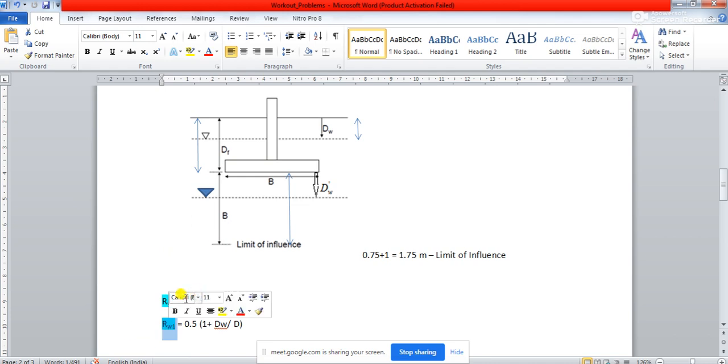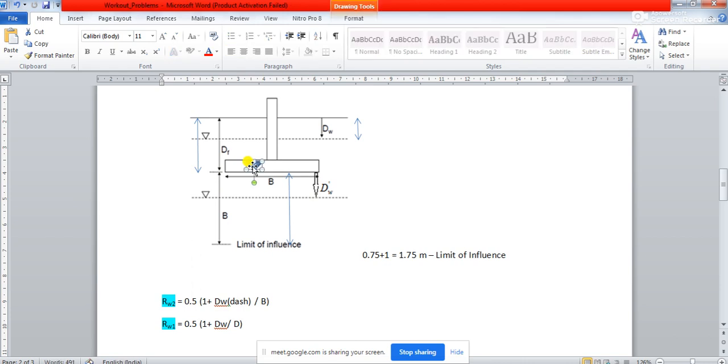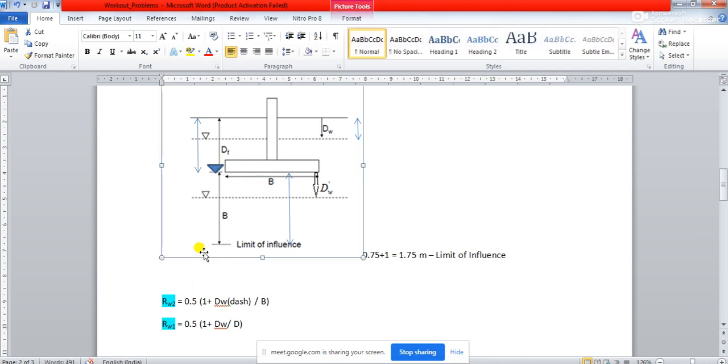Now you see, at that time your Rw2 factor will depend on this dw dash value. When the water table is just reaching the base of the footing, at this level, your dw dash value becomes equal to 0.